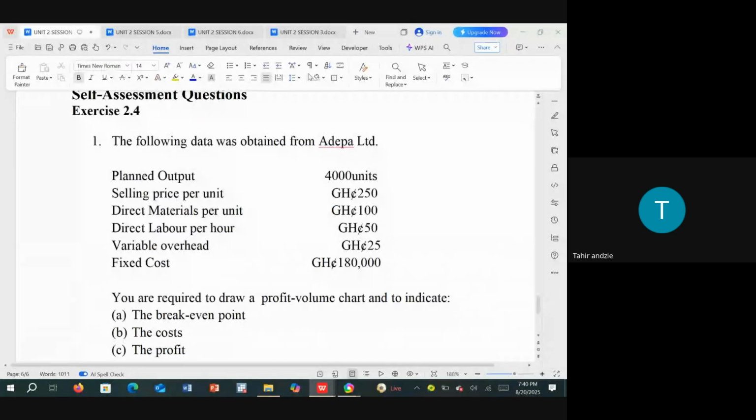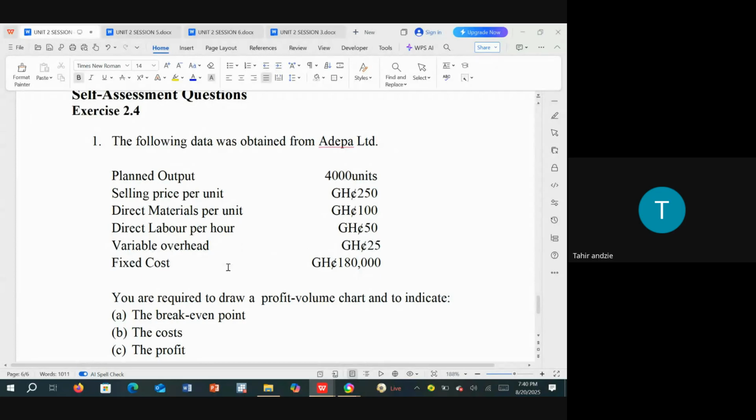Look at the question. The following data has been obtained from ADIPA. Planned output is 4,000. Selling price per unit is 250. Direct material per unit is 100 cedis. Direct labor per unit is 50 cedis, and variable overhead is 25.